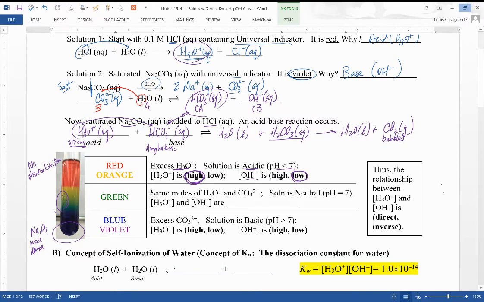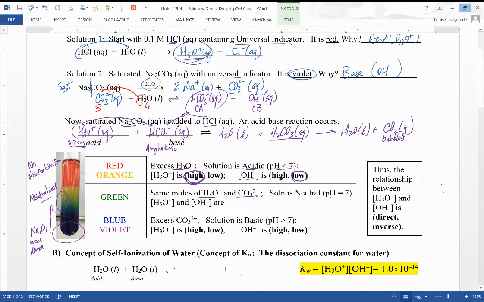In the middle, there's been enough of the hydrogen making its way up to the middle from the sodium carbonate that we have neutralized. So in the middle, we've managed to neutralize, and now we have the same number of moles of the acid and that original base, the CO3 2-.